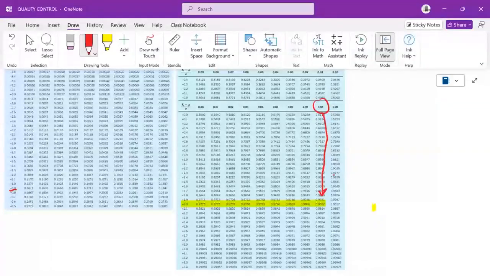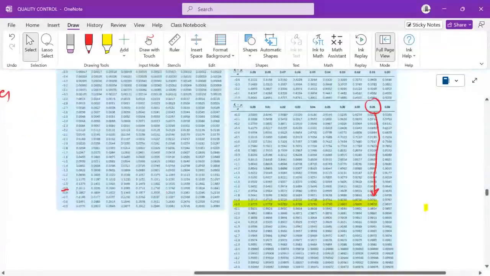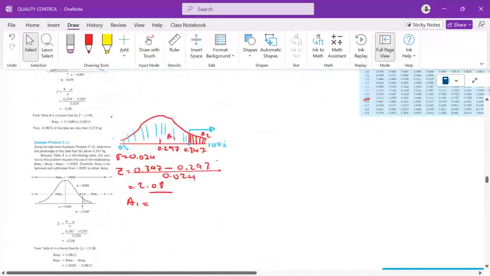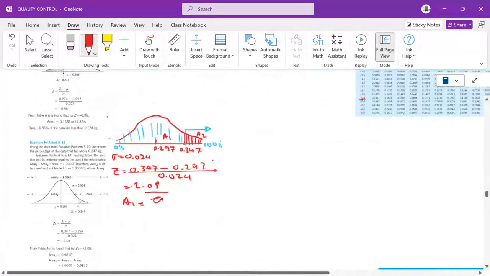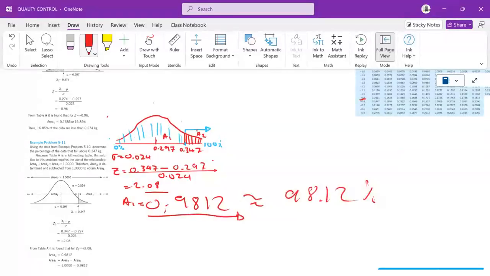We know that it's 0.9812. You can see that this, when it's converted into percentage, it's 98.12%. It's not falling above, it's below actually.